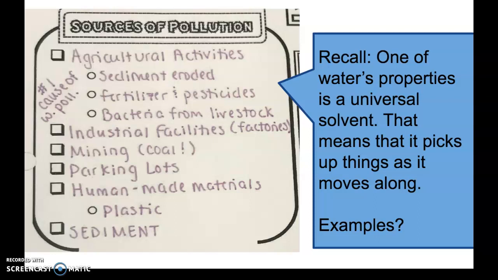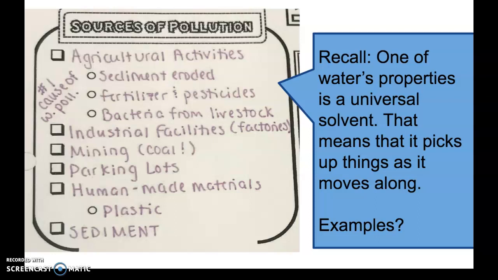Any oil, gas, whatever your car is leaking, or heaven forbid, though I hope and know that none of you are polluters, anything that you throw in a parking lot because you don't want to take it to the trash can, that's eventually going to get picked up by the water and moved to either a drainage for the parking lot, like the underground sewer, which will eventually lead into the river or the ocean, or it's going to go into a river just all on its own. So parking lots are a big source of issues.